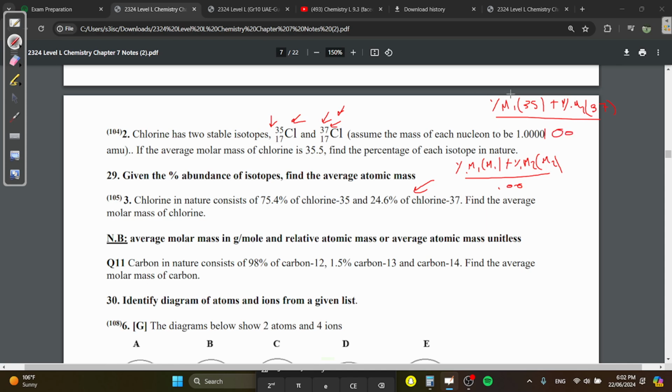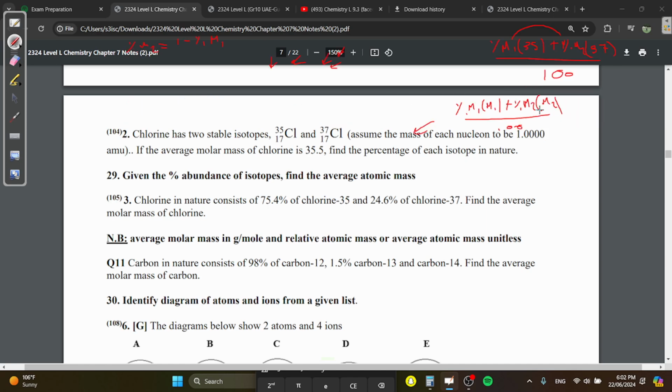Can we find a correlation between the percentage of M1 and percentage of M2? We know that the percentage of M2 is equal to 1 minus the percentage of M1. Right? Because let's say this one was 10%, then this one would be 90%. So let's rewrite this as percentage of M1 times M1 plus 1 minus percentage of M1 times M2, over 100.